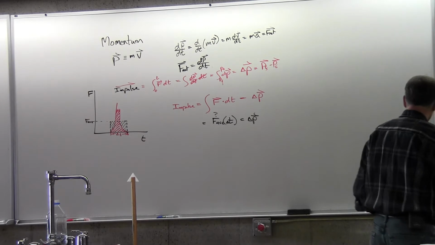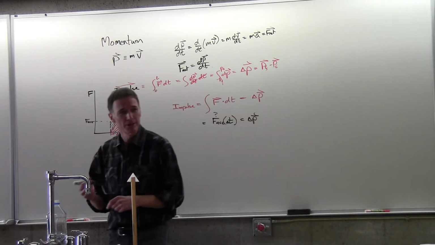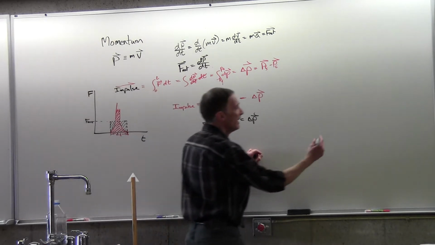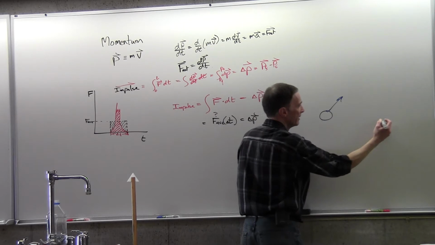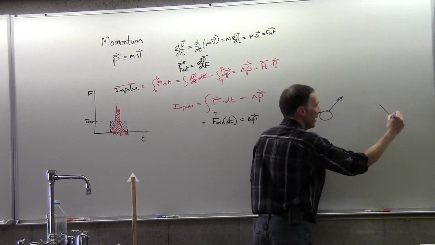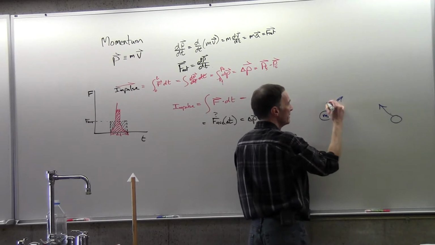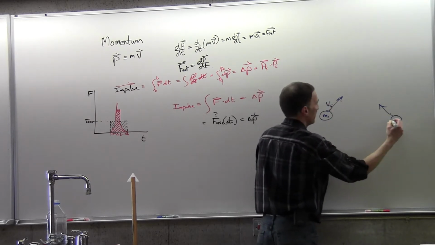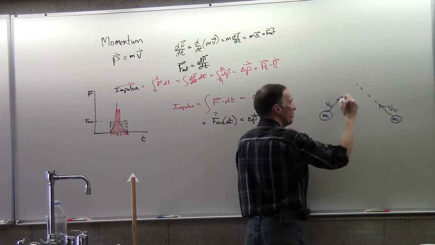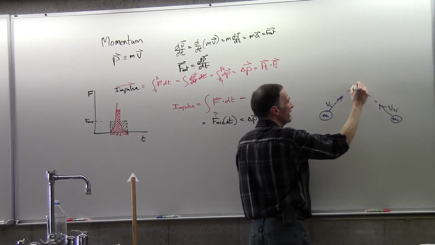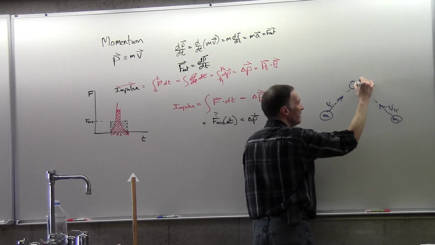Here's an idea. Suppose we have a system, and this is when we use conservation of momentum. If I have, let's say, a ball coming in here and another ball coming in here with different velocities, I could call this one M1, and this is V1 initial, and M2, V2 initial. They're going to come along, and maybe they're going to make contact with one another, and maybe these two balls are going to collide.